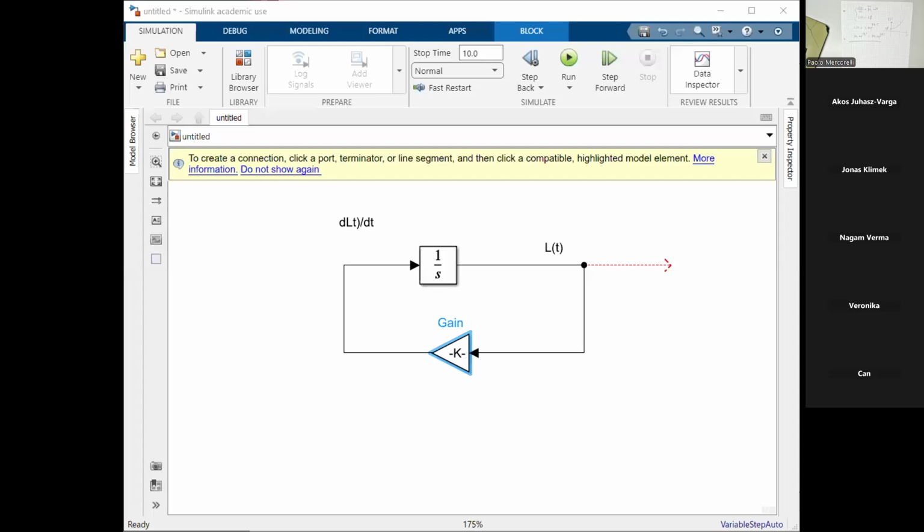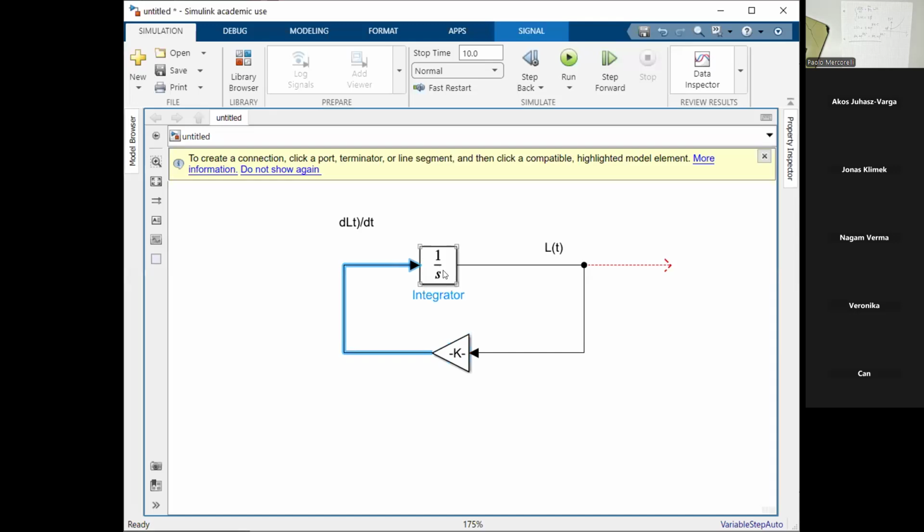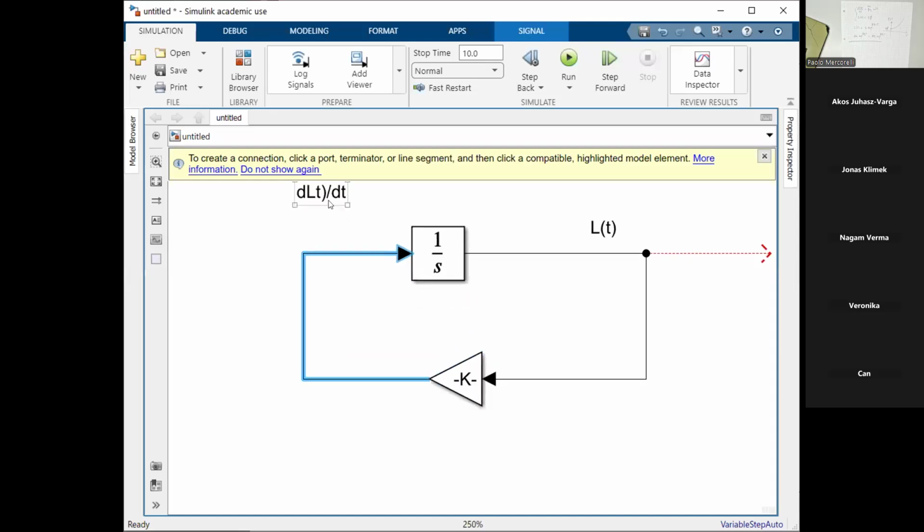I don't know if it's clear. This is quite abstract. This is an integral of the derivative of something, considering the initial condition, equals the initial condition $1 plus L of t.